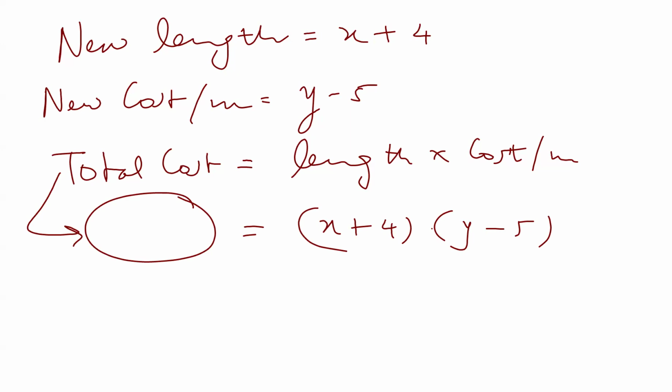There is one very important statement mentioned over there. The cost would have remained unchanged. So the cost will be 175 here as well. Therefore, 175 is equal to x plus 4.